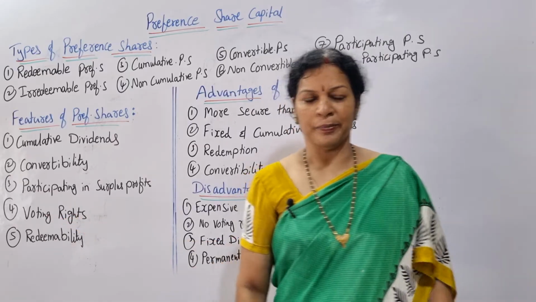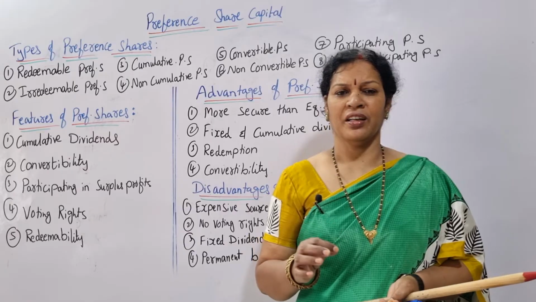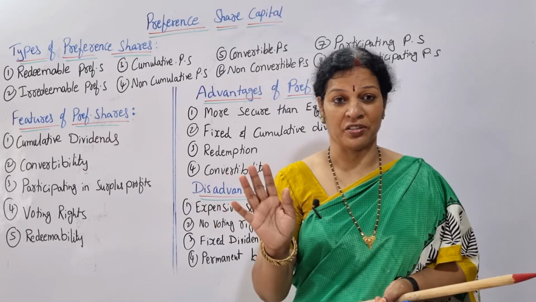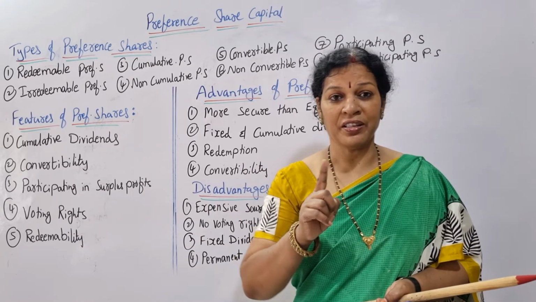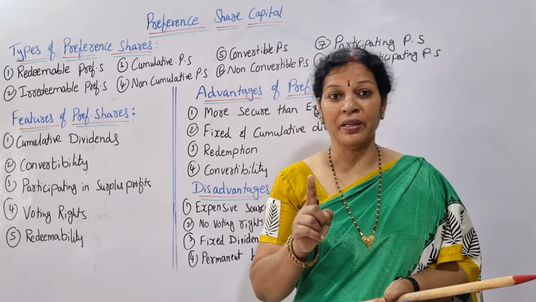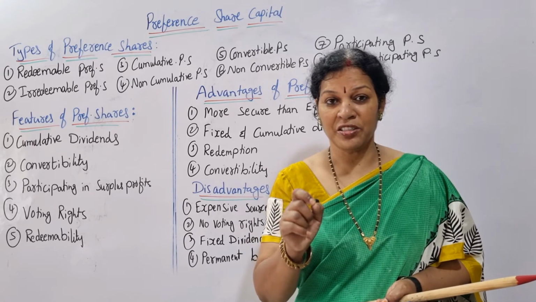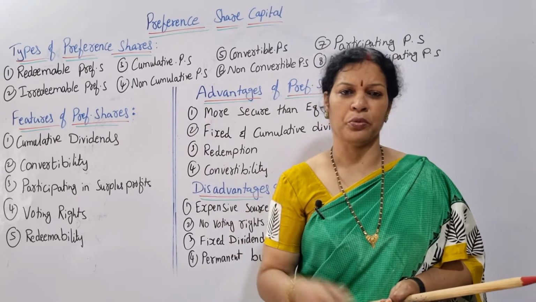And voting rights. Generally, voting rights belong only to the equity shareholders, not to the preference shareholders. But there is one case, where the company is unable to pay their dividend continuously for the past 2 years, a minimum of 2 years or more.